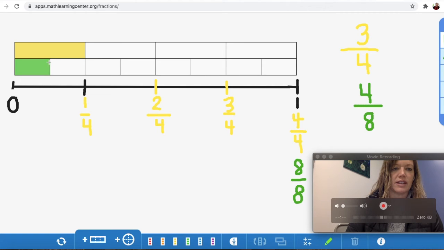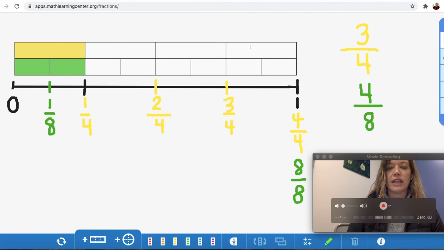I would come right to the end of that one piece, and I would name this 1/8. Oh, look, there happens to already be a number at the 2/8 mark. That's because we can see that this bar was a candy bar, a yellow candy bar, and I had a green candy bar.